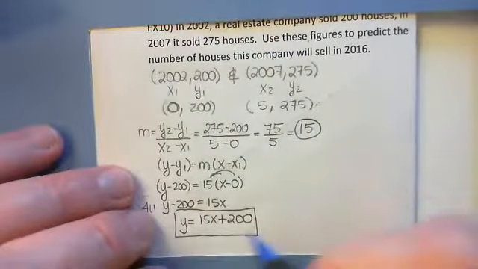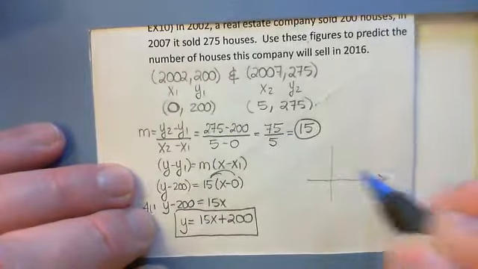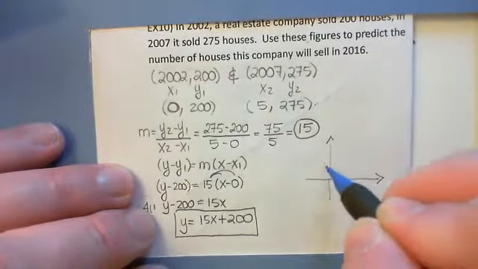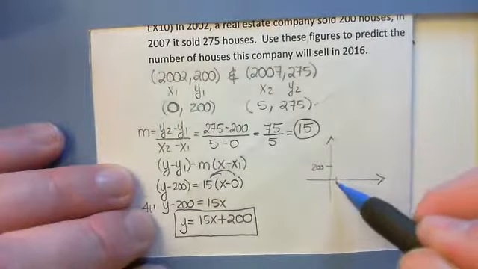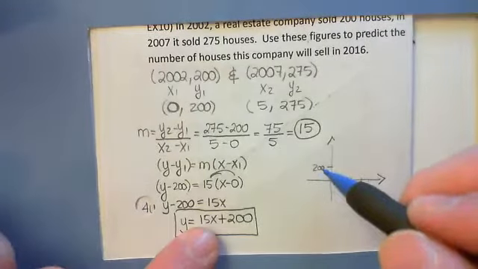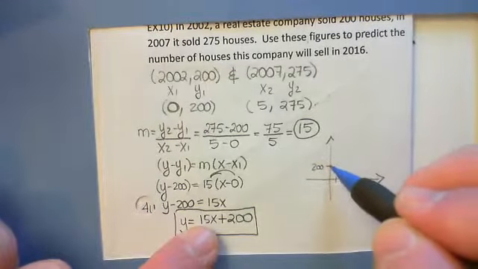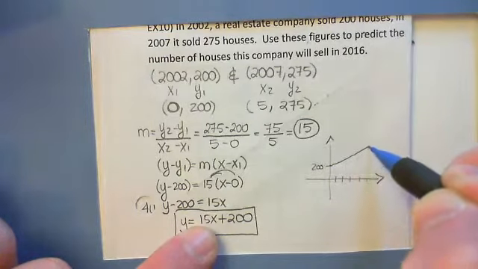Basically, if I was to graph this, I'm going to do a little sketch here. Let's imagine here's 200 houses, and every year that goes by, I'm selling 15 more houses than the year before. So every year my sales are going like this.